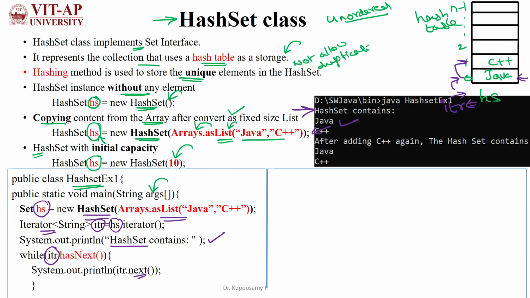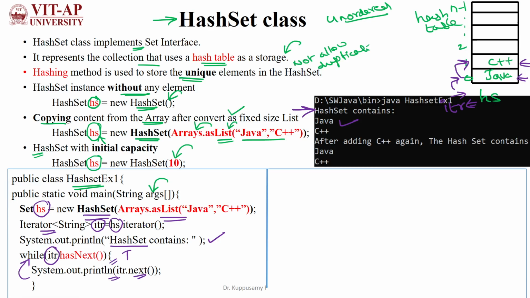After that, it goes back to the while condition, checking itr.hasNext again. Yes, there is another element, returning true, so it gets inside the while loop and prints the current element. That current element is C++, which is returned here.